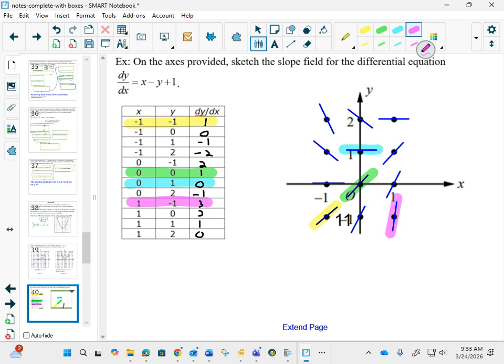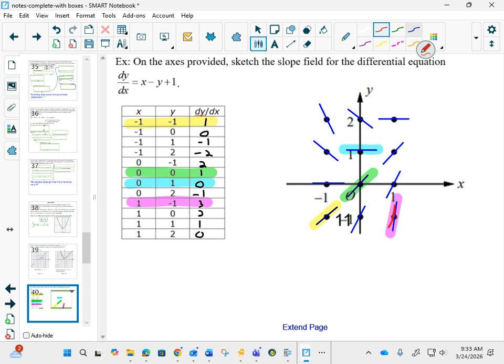So you're plugging in your x and your y, that's your coordinate, into your differential equation. That gives you a slope. Technically, that's the slope of the tangent line at that point. If you had a graph going through this purple line at this point, it would have to curve like that, and that would be touching at that point.